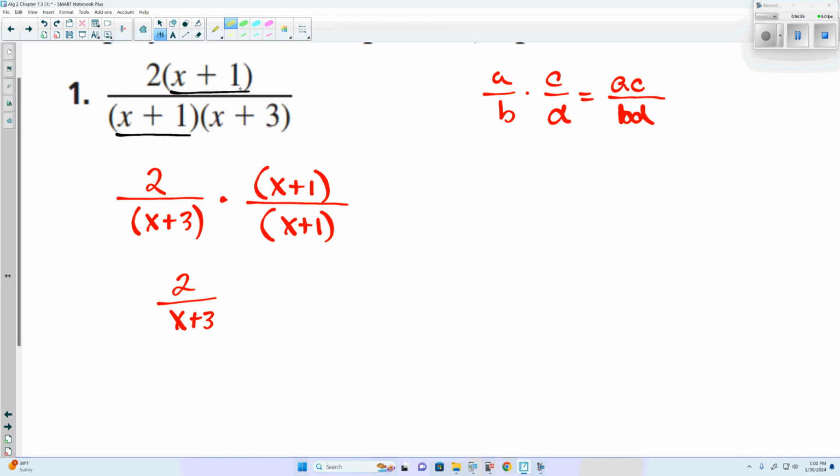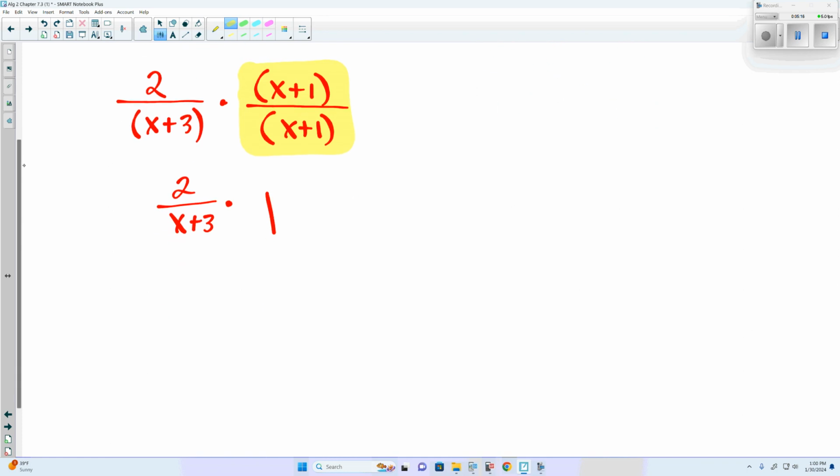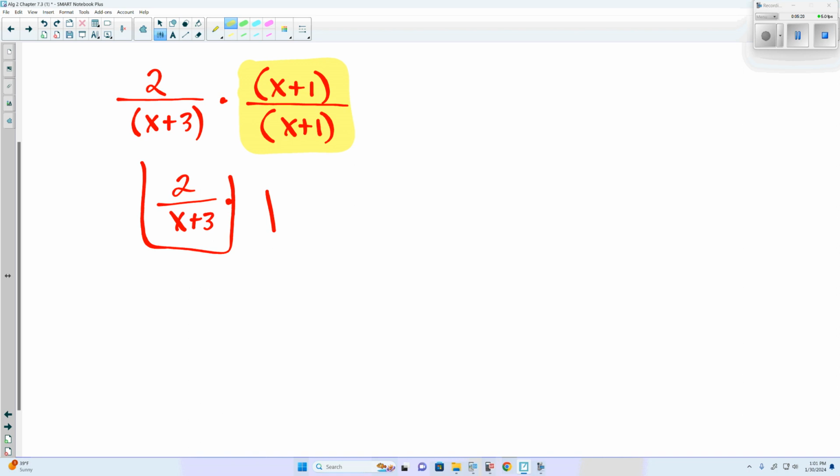However, what is x plus 1 over x plus 1, really? Unfortunately, it's not 0. What is anything divided by itself? 1. Anything divided by itself is 1. So we're really saying here, because x plus 1 over x plus 1 is 1, we're just saying 2 over x plus 3 times 1, which is just 2 over x plus 3.